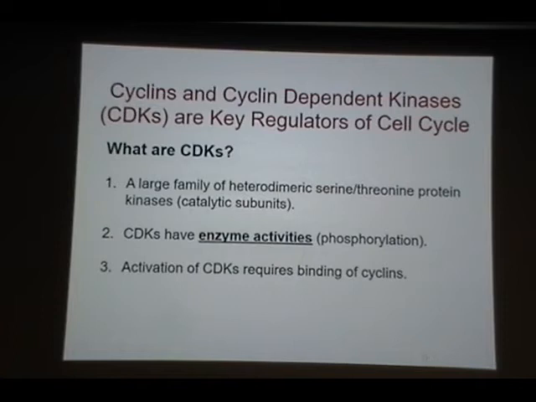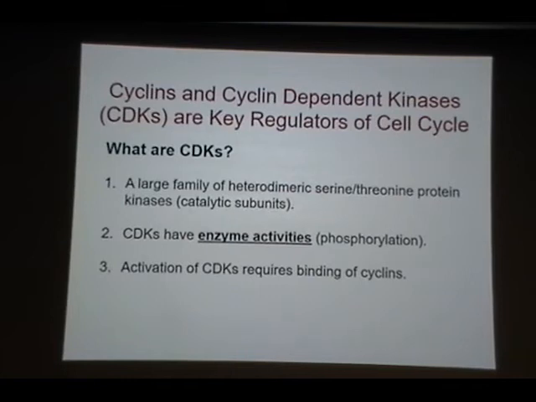Those are serine-threonine protein kinases, so they have catalytic subunits. Cyclin-dependent kinases have enzyme activity. Cyclins don't have enzyme activity; however, CDKs do. They are able to phosphorylate other proteins, downstream proteins.